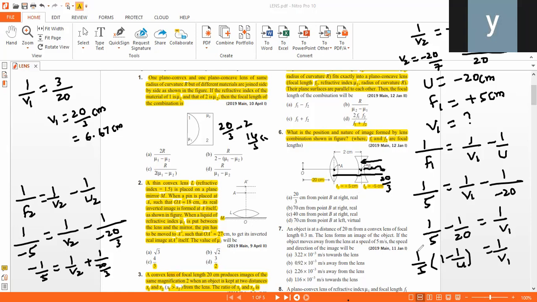So the object is at 14 by 3 centimeter, that is 3 by 14. So 1 by v2 equals minus 1 by 5 minus 3 by 14. LCM will be 70, minus 14.